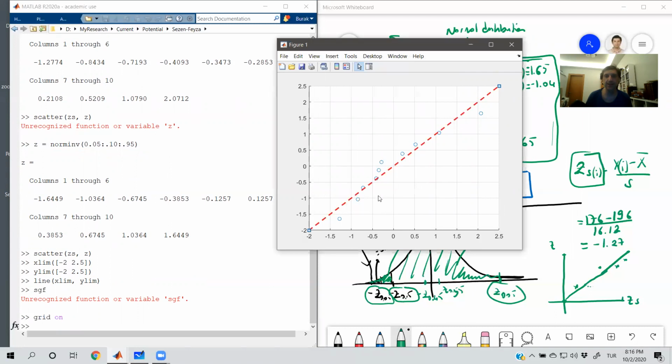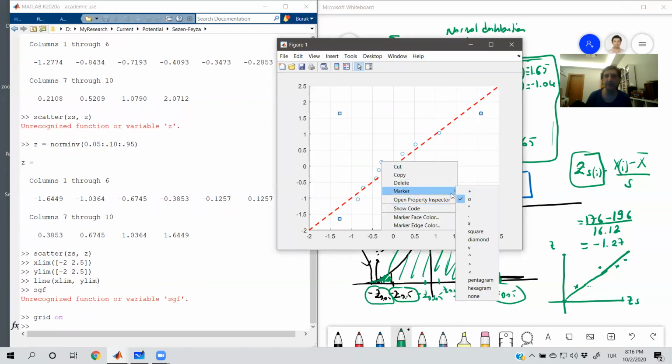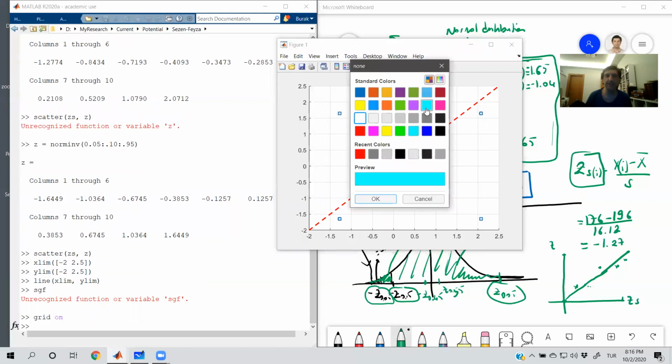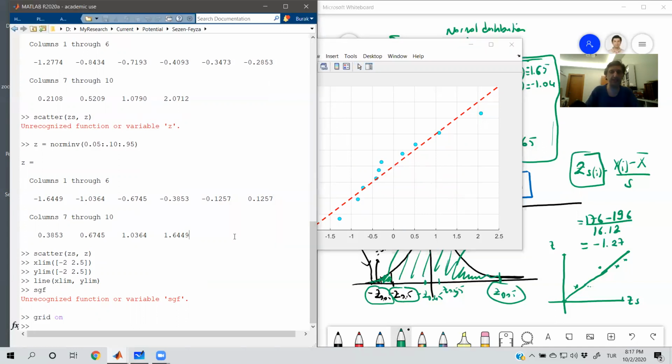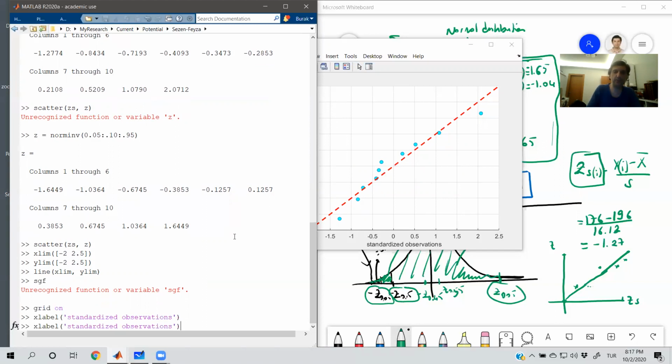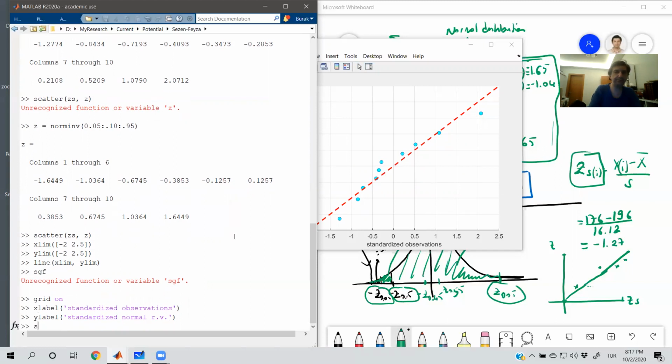Okay, let this be red, and let's say the marker face color is something like this, so that it's going to show the whole thing better. All right. This looks like a nice diagram. So here the X label is going to be the standardized observations, whereas Y label is going to be standard normal random variable values, the Y.